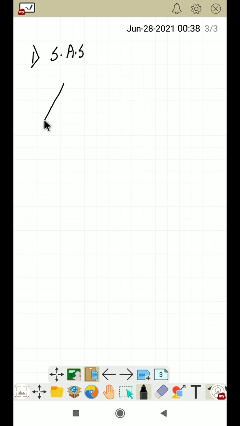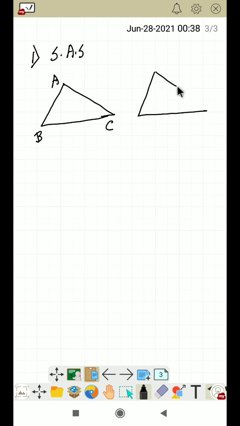Suppose two triangles are given, ABC, and another triangle, EFG.